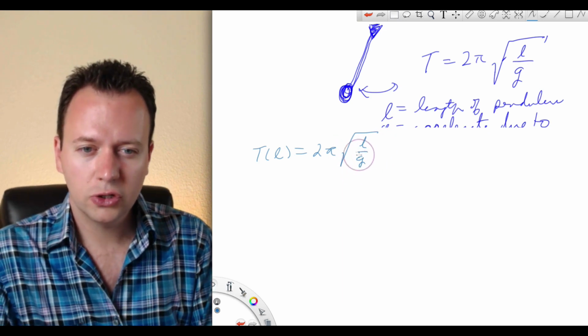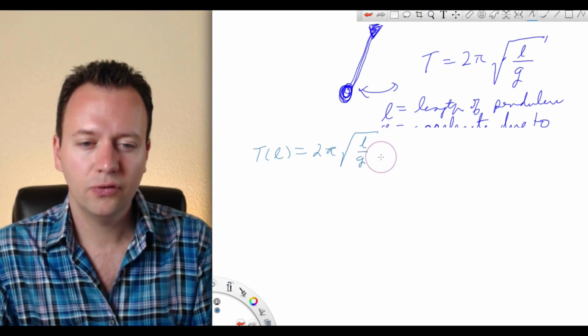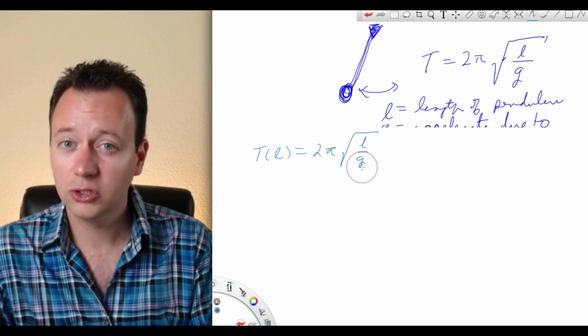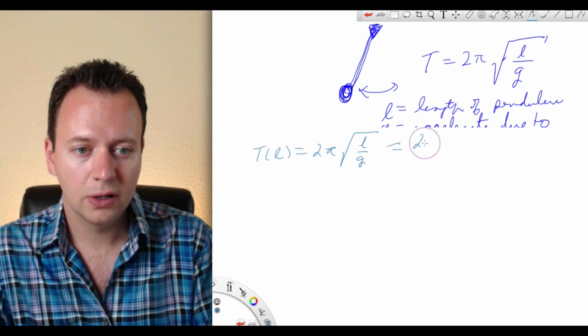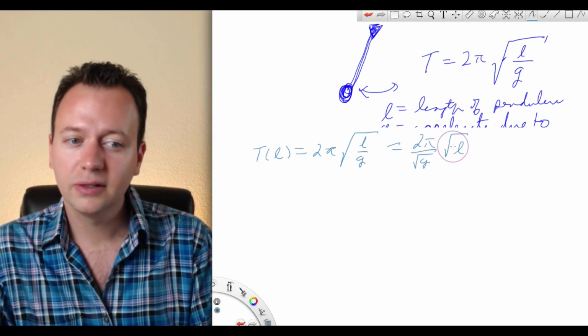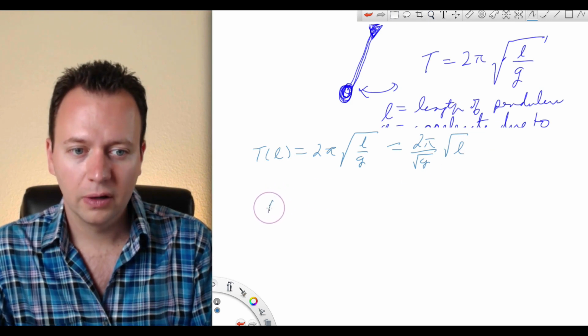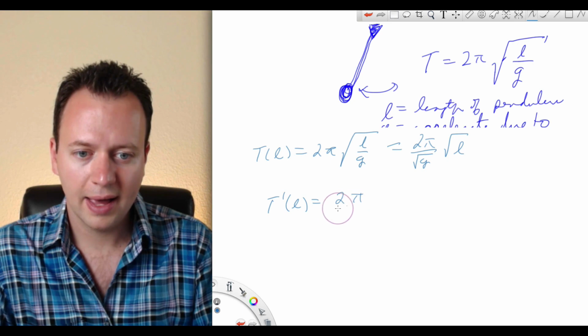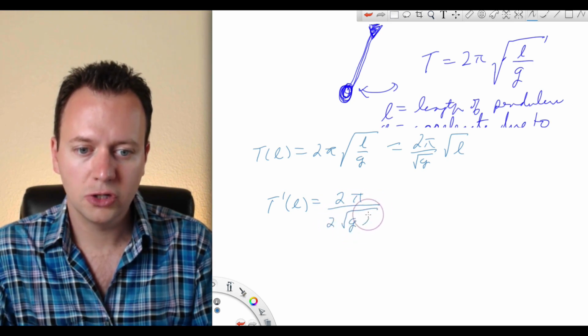Even though this G is on the inside, there are a few different ways you can look at this. The first is to say G is just a constant, and this is the same as 2 pi over square root of G times the square root of L. So this is really just L to the 1/2. So T prime of L is going to equal 2 pi over 2 square root of GL.